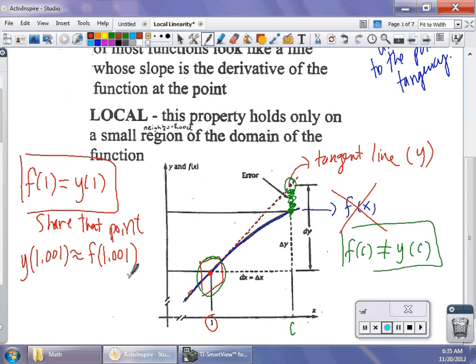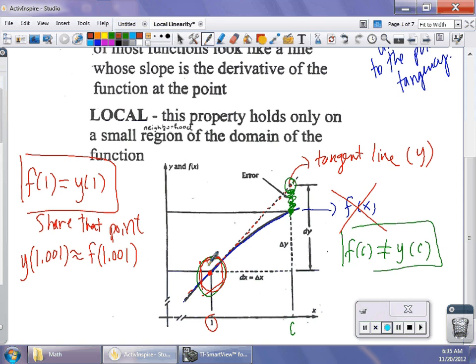Well, yeah, I think that would be a very good approximation, because in this neighborhood the tangent line is very close to the actual curve. So I could approximate the y value at an x value very close to the point of tangency.